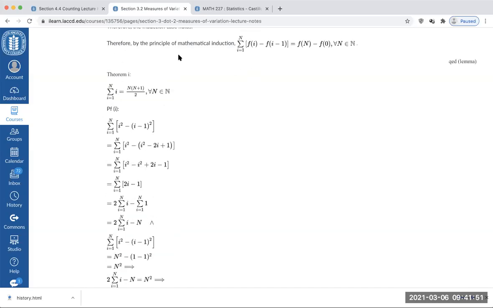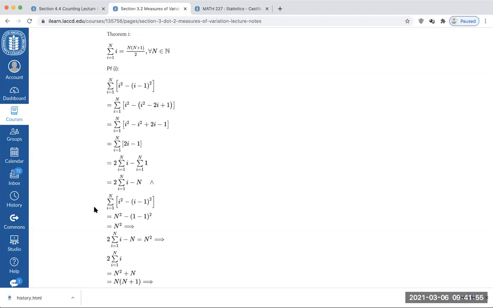By the previous lemma, we have that the sum i equal 1 to n of i squared minus i minus 1 quantity squared is just n squared minus 0 squared. So this is just equal to n squared.